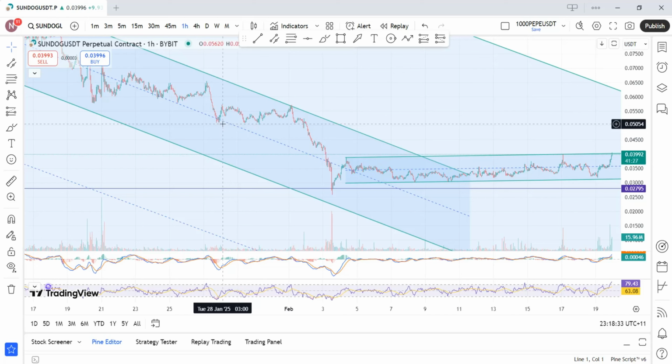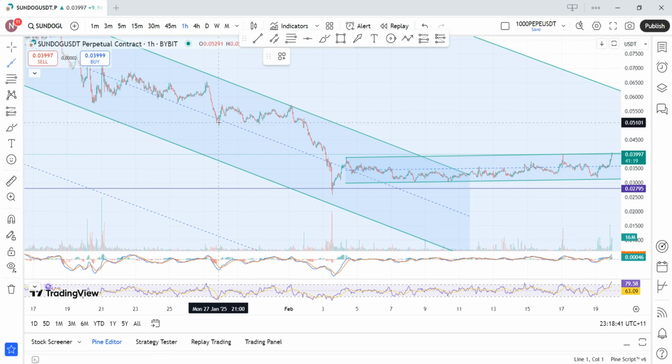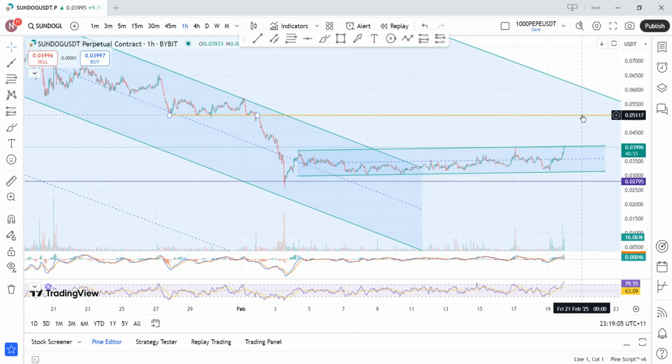Here you can see it touched the same area. I'll use the ray to show a support line. The price didn't break down here, and it was a support line here, and once it did break down, it just dropped massively. So this could become the resistance line for here. I believe the price could go up here and go either down or continue up.